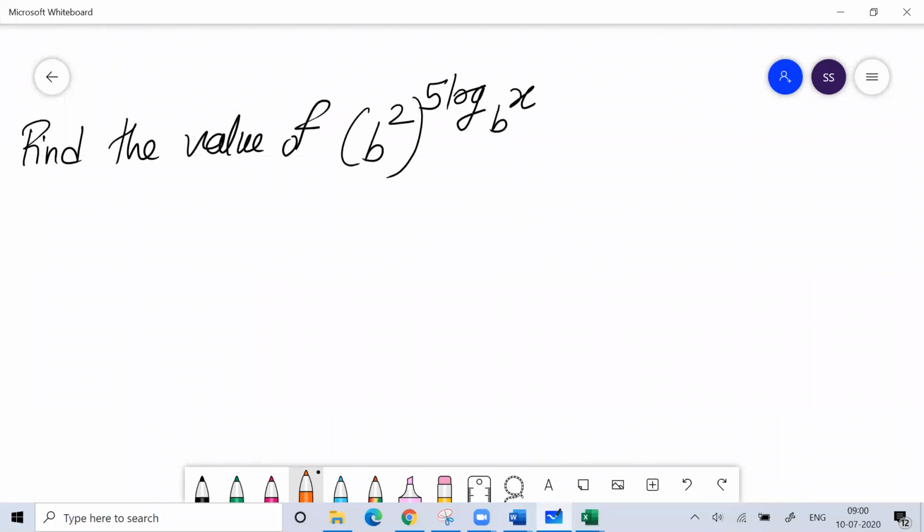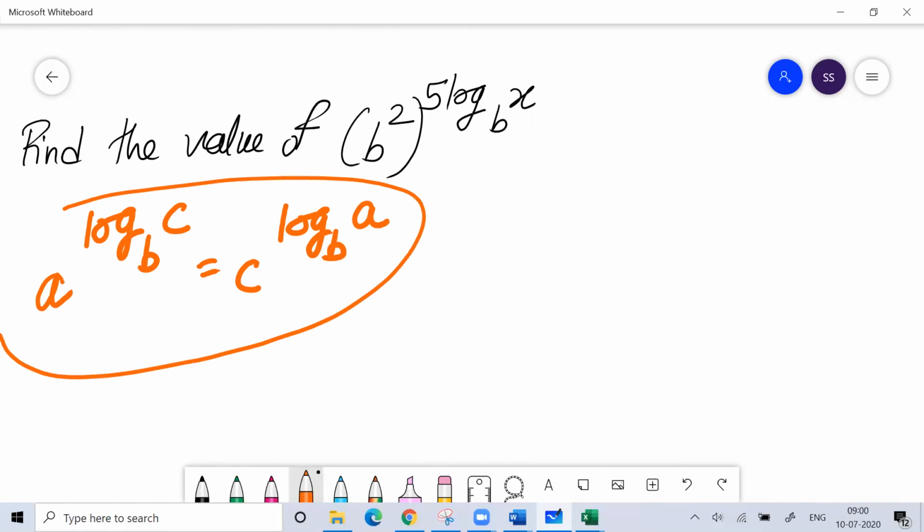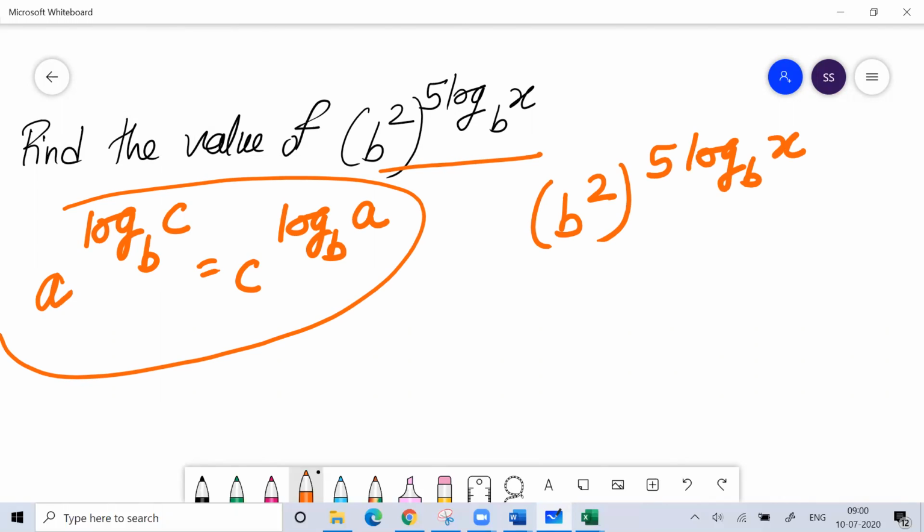Now this is the question I want to do. I told you a property of log called A log base B of C means C log base B of A. Now see this question: this is B squared, then this is 5 log base B of x.